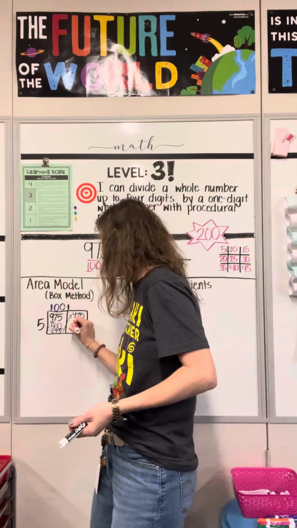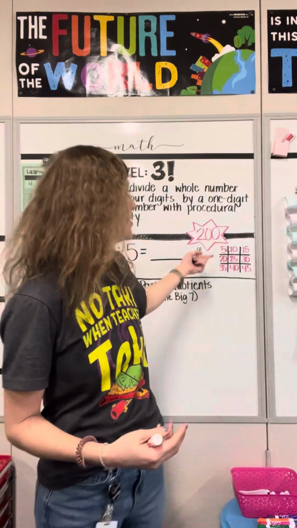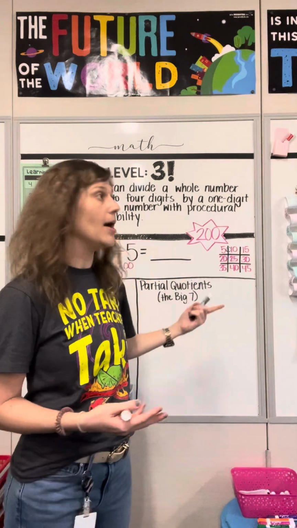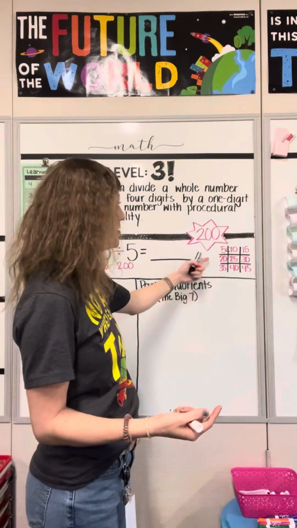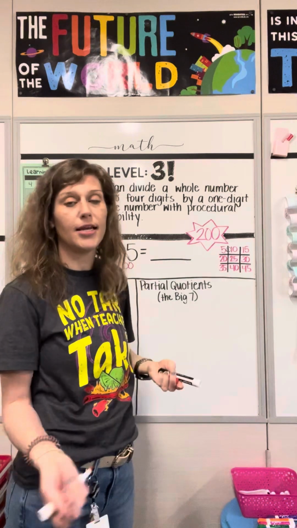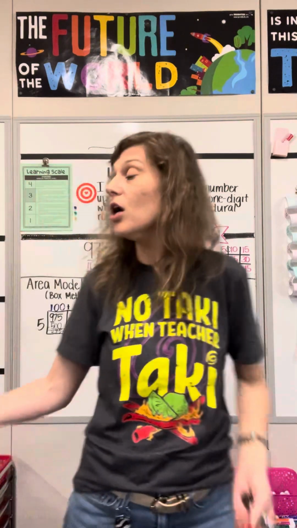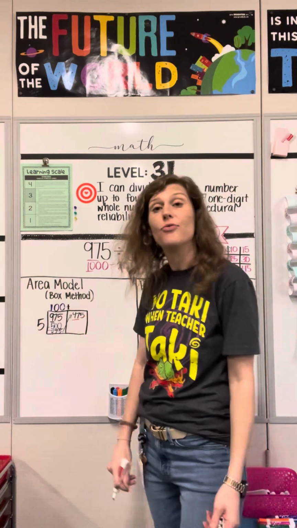So let's look at 4. Do you see 4 on your 5 tic-tacs? If not, that means that we need to look for the closest multiple of 4 without going over. In this case, the first multiple is 5, and that's already larger than 4. So we cannot take any groups of 5 out of 4. So we just need to look at the second digit here. Now we have 47.